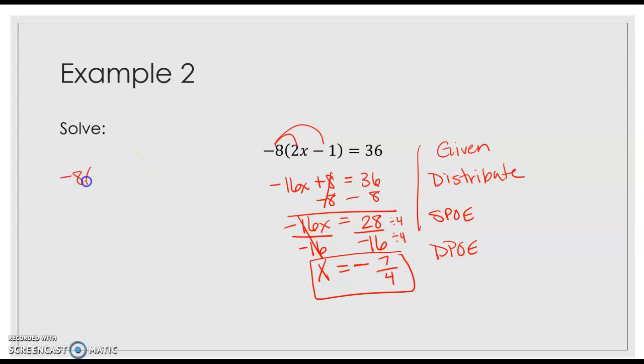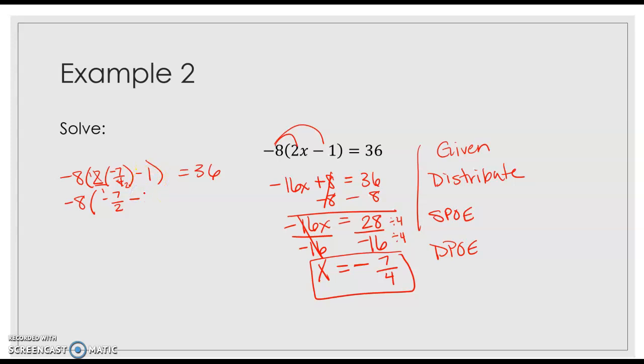Right? Negative 8 times 2 times a negative 7/4 minus 1 should give us a 36. And so I'd have negative 8, and then the 2 would simplify with the 4, right? Because this would be like 2 over 1. And so now we have a negative 7/2.